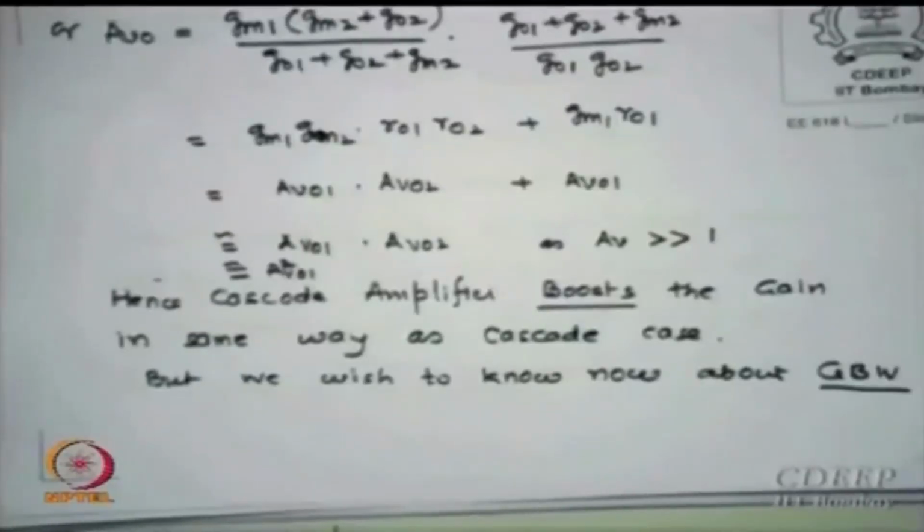But then what is it that I keep saying is boosted? From the single stage, I have only used one single stage there, and I have boosted the gain from 1000 to 10 power 6, which is what I did for the cascode, because Ro effective I could boost 1000 times. Now the term which is most important for us, you write down this expression, they are simply derivable and there is nothing great about it.